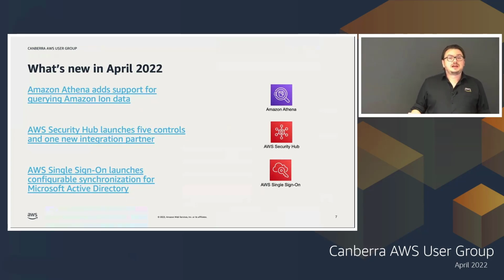Next, AWS Security Hub has had more updates. So there's now 5 new controls to ensure security across different features in AWS, as well as a new integration partner. So if you're already using Security Hub, these new controls, if you've got it enabled to add them automatically, will just start looking in your account and telling you about security issues it finds.